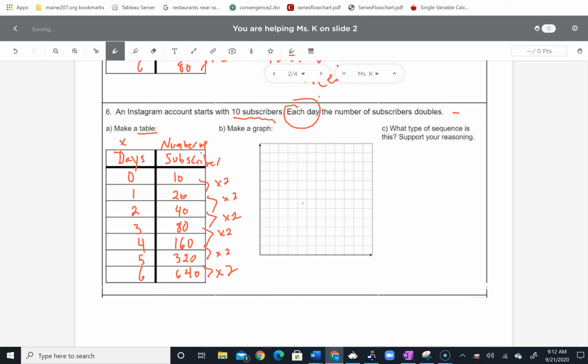Remember, our input is X, so we're going to have the number of days right here, and we'll have 0, 1, 2, 3, 4, 5, 6. And then here, for our Y scale, we're going to have number of subscribers. But we have to be careful. Again, it looks like we've got 1, 2, 3, 4, 5, 6, 7, 8, 9, 10, 11, 12 lines.